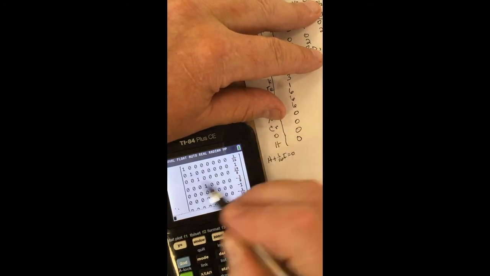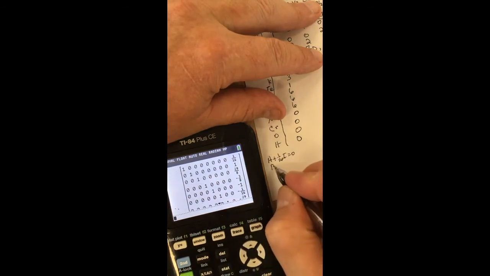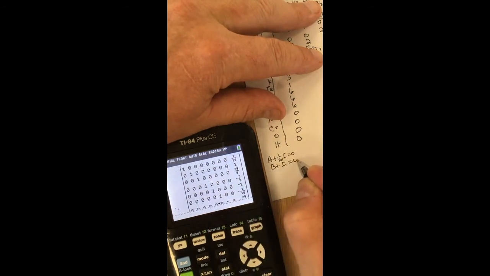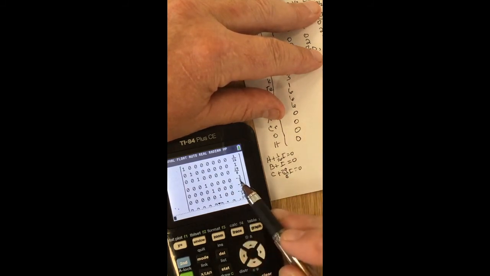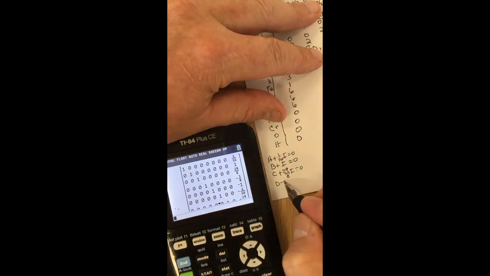So the next one will be B plus 1I equals 0. Here's the C and 29/8. So C plus 29/8 I equals 0. D is the negative 3/8. So D minus 3/8 I equals 0.